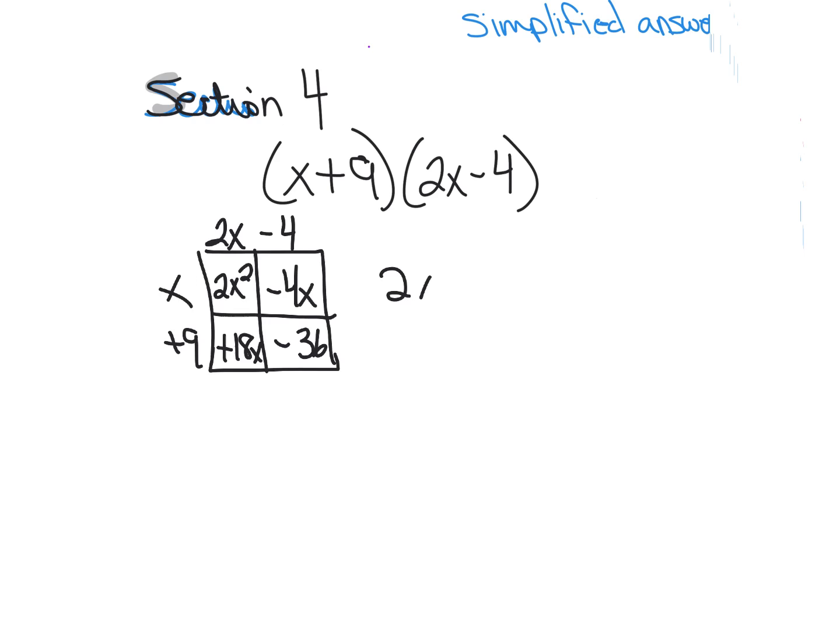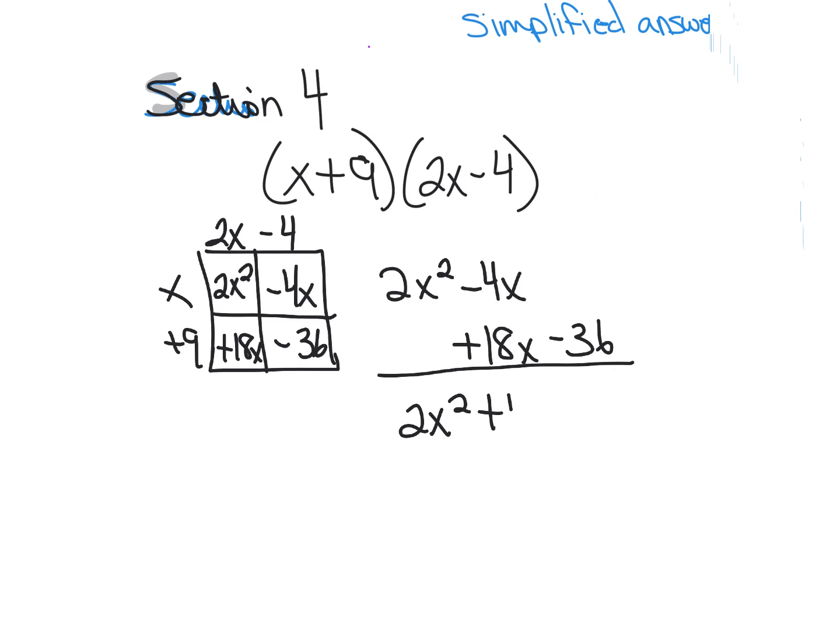And I'm going to write these out to the side, and then I'm going to line up everything. I get 2x squared plus 14x minus 36. And that is my trinomial that I got. Okay? And that's all you do there.